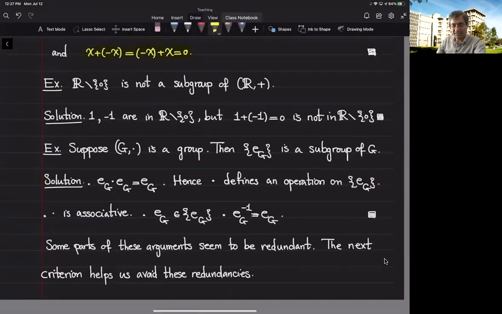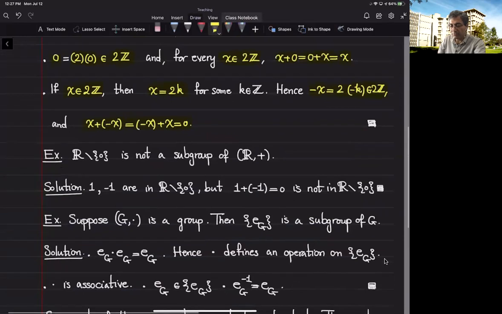Now, let's see a non-example. The set of non-zero real numbers is a subset of real numbers, but it is not a subgroup of real numbers under addition. Real numbers and addition form a group, but the set of non-zero real numbers is not a subgroup of real numbers under addition. Why is that the case? Because it's not closed under addition.